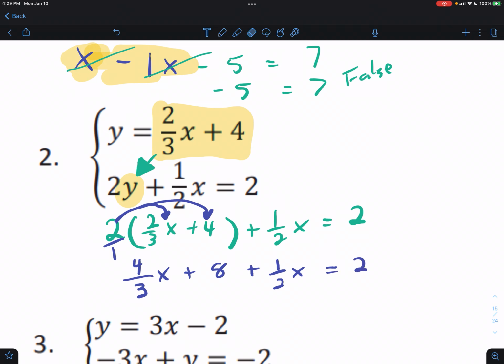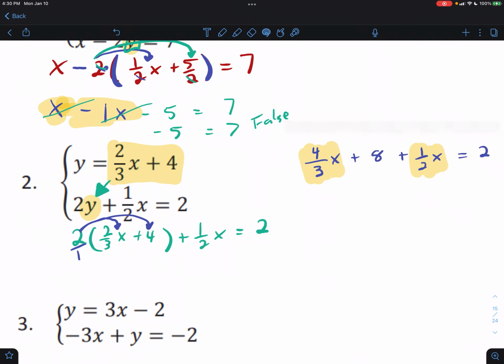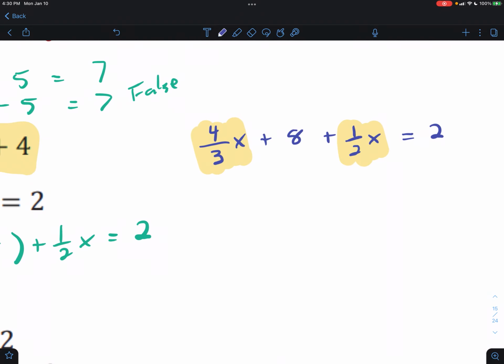And just like before on the last problem, after I distributed, I can combine like terms. I see I have 4/3 x plus 1/2 x. Since we're not afraid of fractions, we can combine those. If you want to use the commutative property to rearrange it so it's a little easier for you to see that those are like terms, by all means, be my guest.